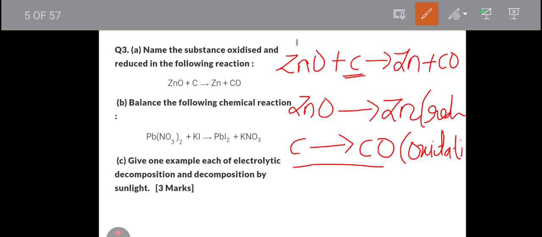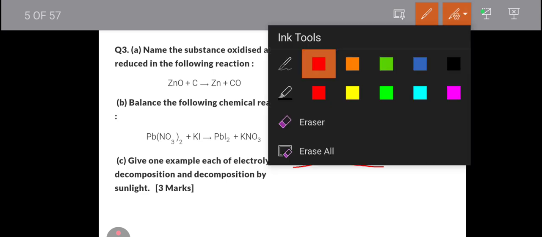The substance which undergoes reduction, that is zinc oxide, is getting reduced, right? So this zinc oxide is our oxidizing agent. Whichever compound is getting reduced will be acting as an oxidizing agent, and here carbon is getting oxidized, right? So carbon will be acting as a reducing agent. Hope this question is clear to you.